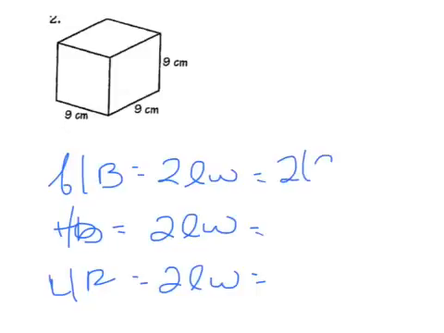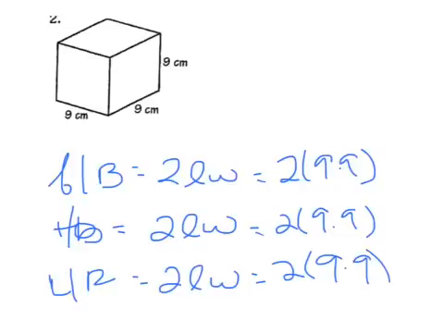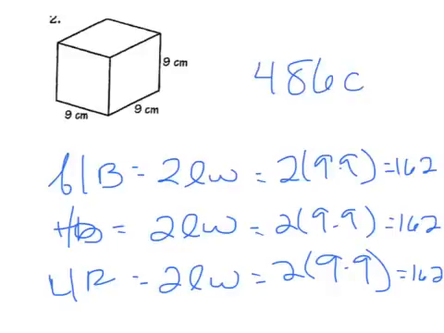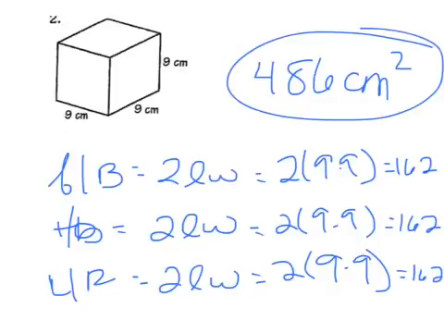So I'm just going to do 2 times 9 times 9 for each pair. All of them will equal the exact same, which would be 162. And then lastly, we just need to add all those up, which would be 486 centimeters squared.